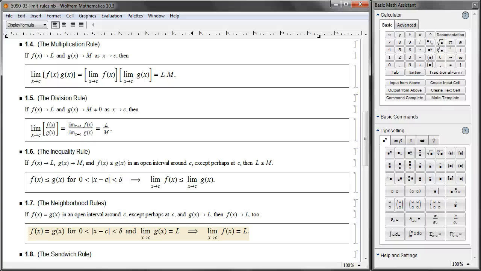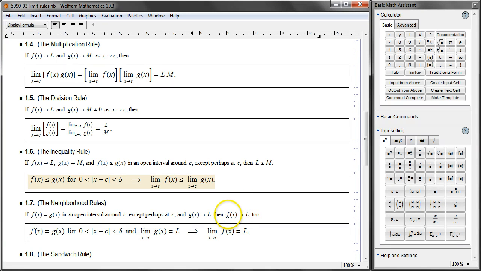So it's not surprising. But the key part is this: if g of x has a limit and it approaches L, then f of x also has a limit and that limit is L. So as far as f of x is concerned, the limit exists, number one, and number two, that limit is L. So it's a little bit different from this one, where the existence of limits L and M is assumed.